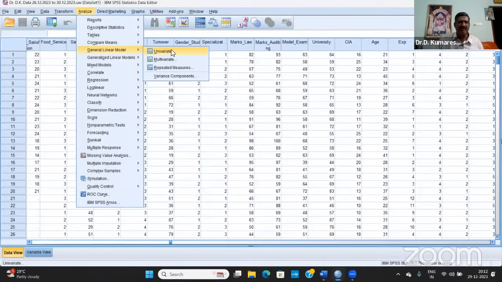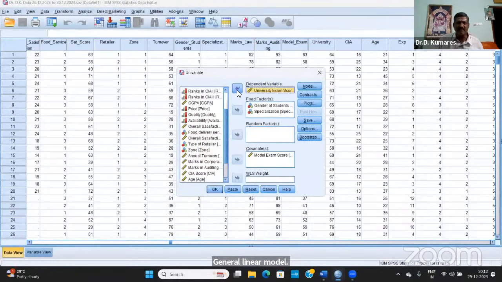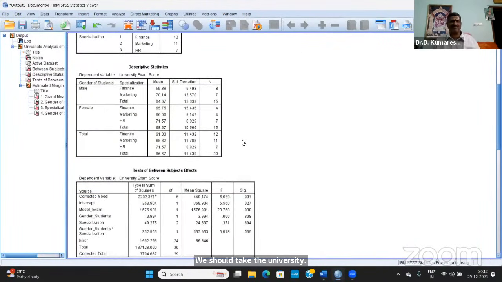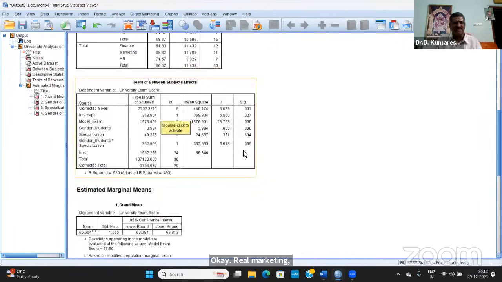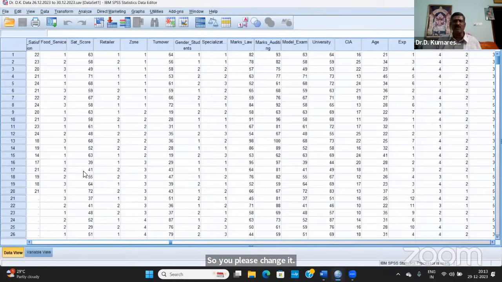Analyze, general linear model, univariate. We should take the university exam marks. Now we can check. Look at here. The mean scores, 59.8 for male finance, male marketing, 70.14. The same results, just one mistake was there in the data entry, that's all. Okay. So you please change it. Right. Now we'll go for MANOVA.